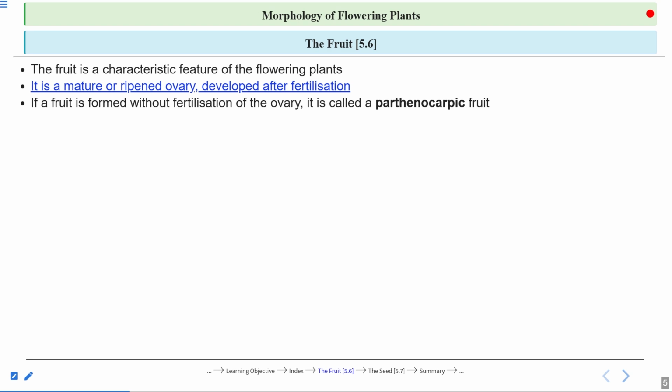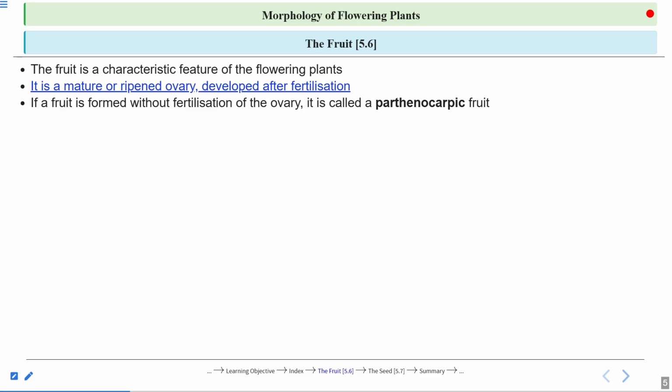You have some hormones, and you can induce the formation of fruit without fertilization. So with the help of hormones, you can induce the formation of fruit. See what happens after fertilization. Some hormones are produced inside the ovary and that begins the formation of fruit. But it can also happen without fertilization.